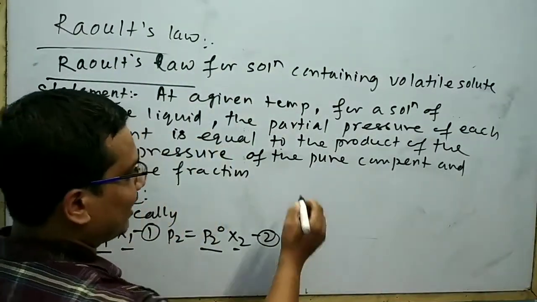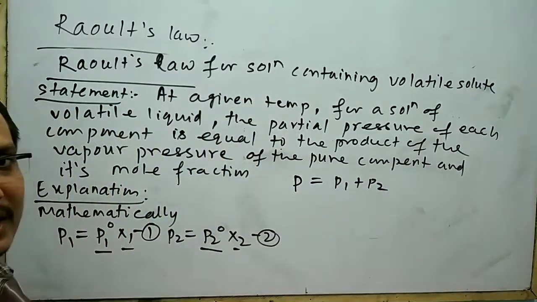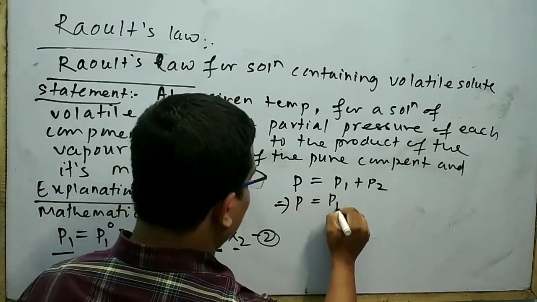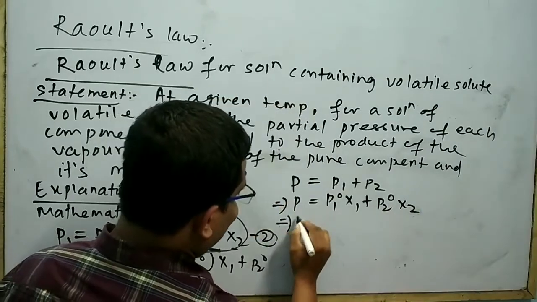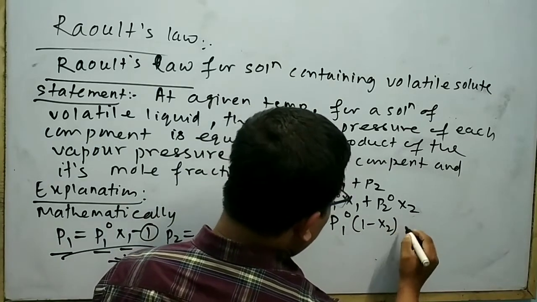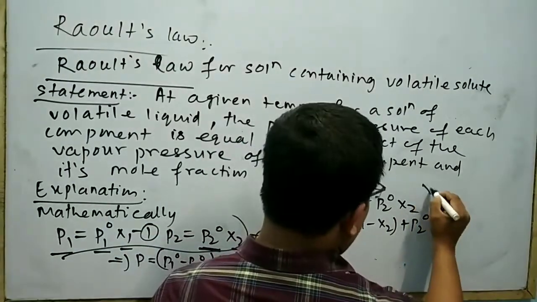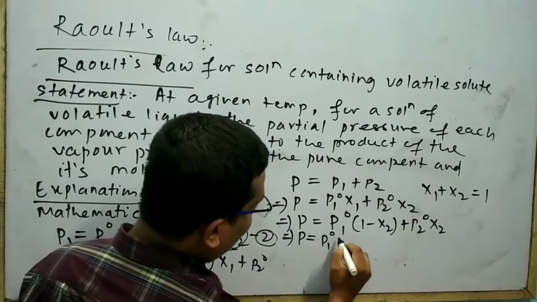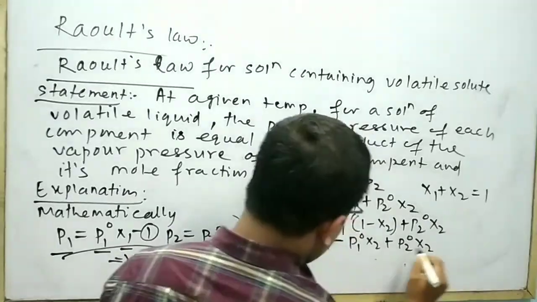According to Dalton's law of partial pressures, I can write P equals P1 plus P2. Here P is the total pressure. Now I can write it equals P1⁰ x1 plus P2⁰ x2. Next I can write P equals P1⁰ into (1 minus x2) plus P2⁰ x2, because we know that x1 plus x2 equals 1. Next P equals P1⁰ minus P1⁰ x2 plus P2⁰ x2.